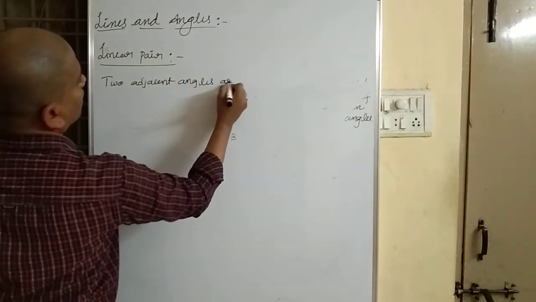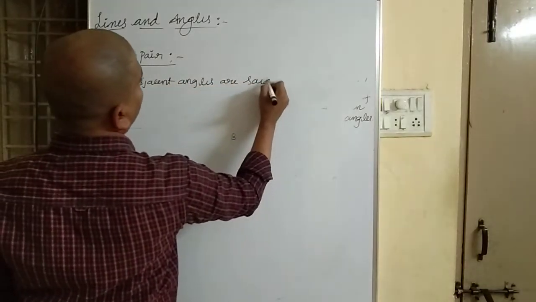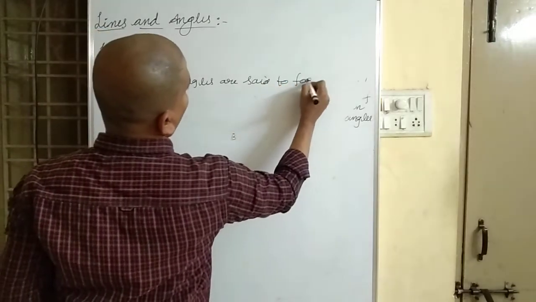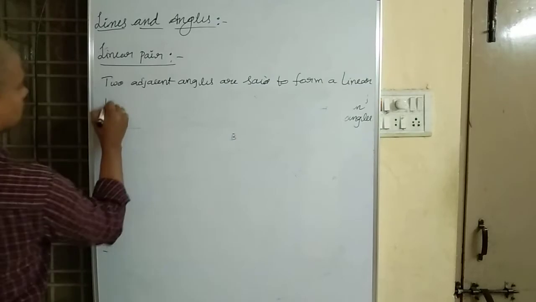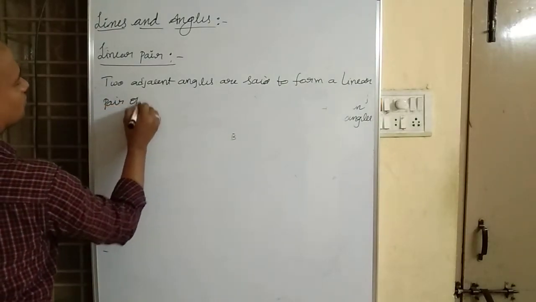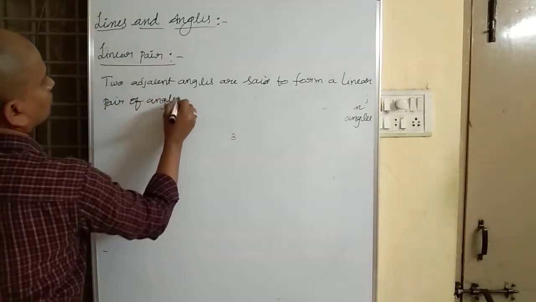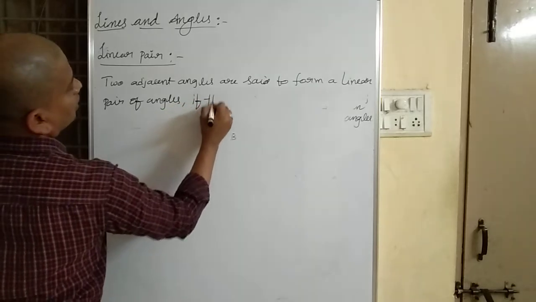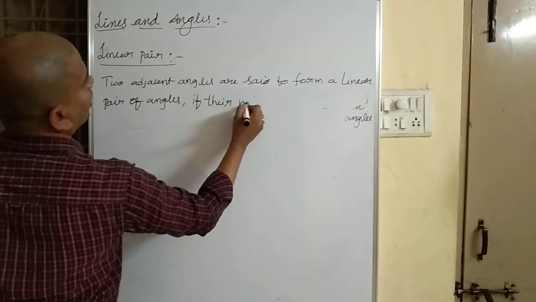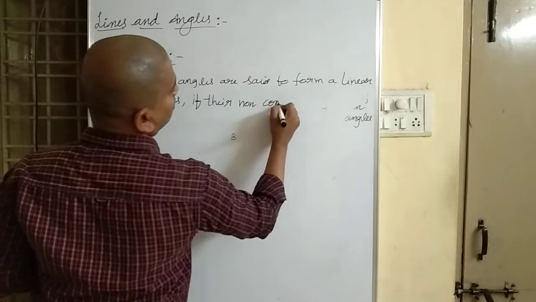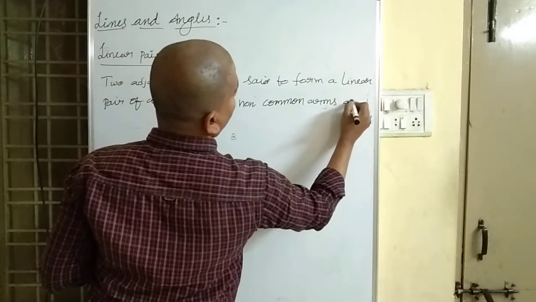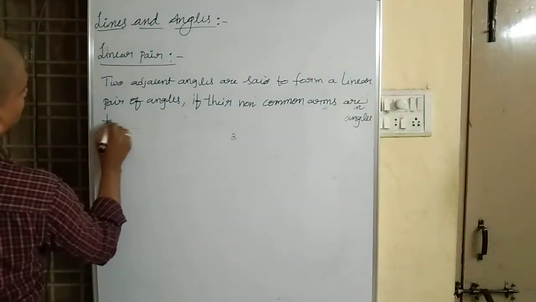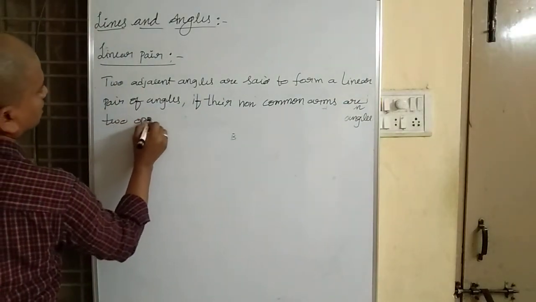Two adjacent angles are said to form a linear pair of angles if their non-common arms are two opposite rays.